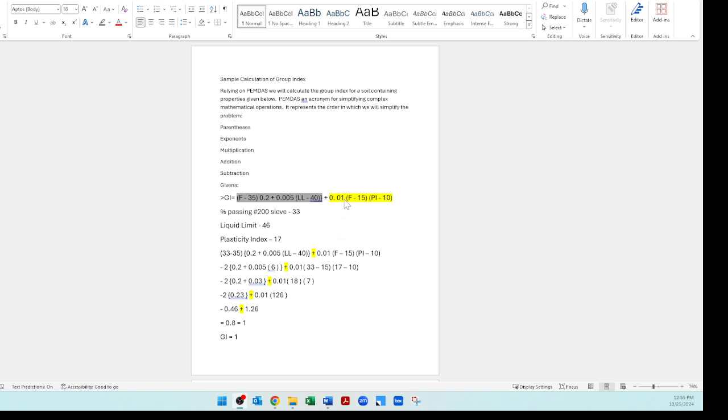Let's see what's going on over here. This is 0.100, and it's multiplied times 33 right here, which is the percent passing the number 200 sieve, and that is minus 15. So 33 minus 15 is 18.